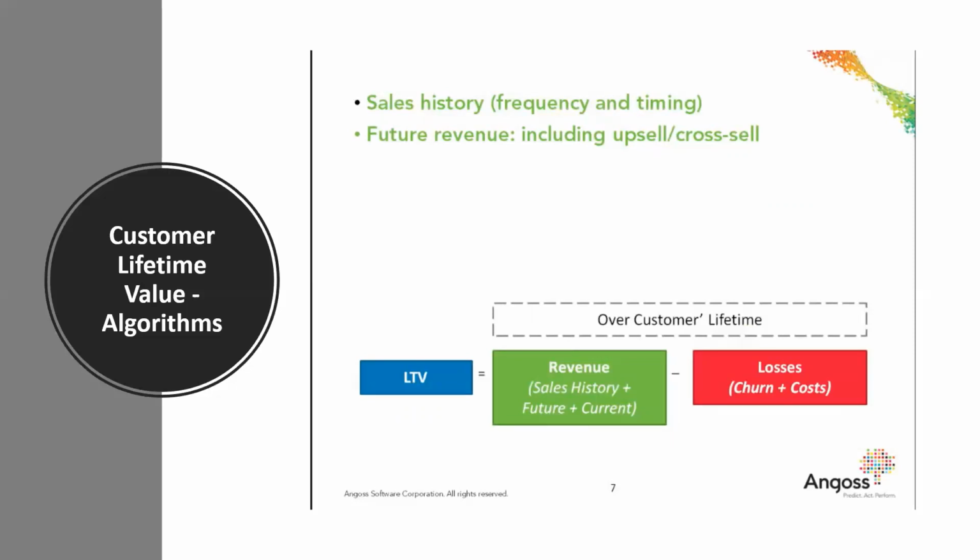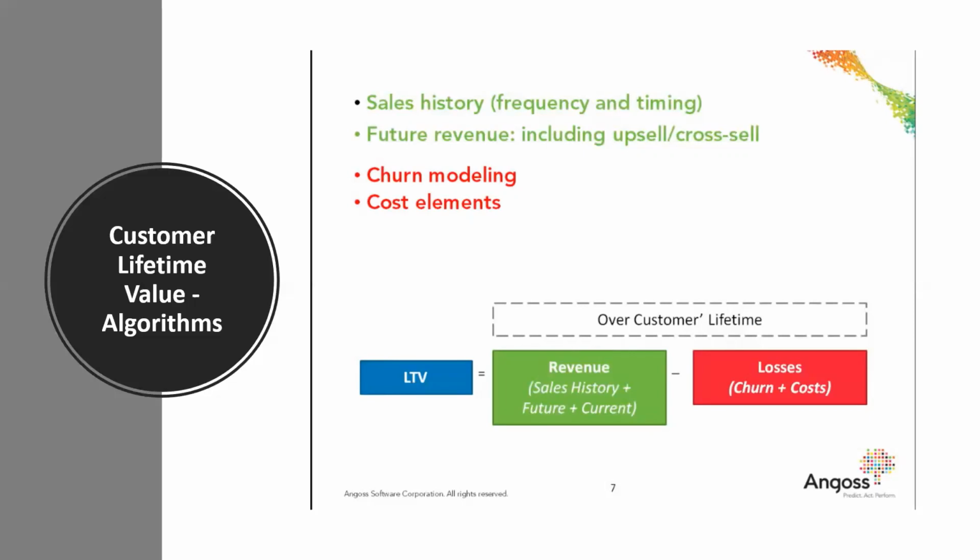On the other hand, possible sources of losses that reduce the value of the revenue are churn. Churn will result in a reduction of revenue because the customer decided to defect before the natural end of the lifetime, possibly due to competitive offers, poor service, high pricing, or any other reason. The second element that would reduce the value of the customer is the costs involved in keeping this customer.